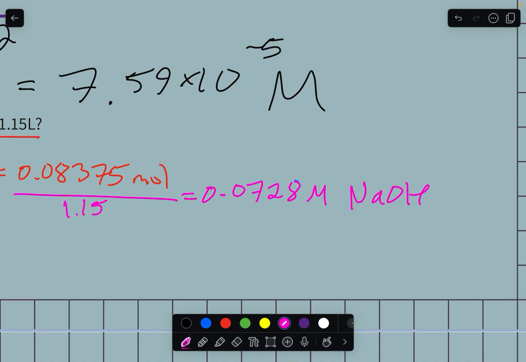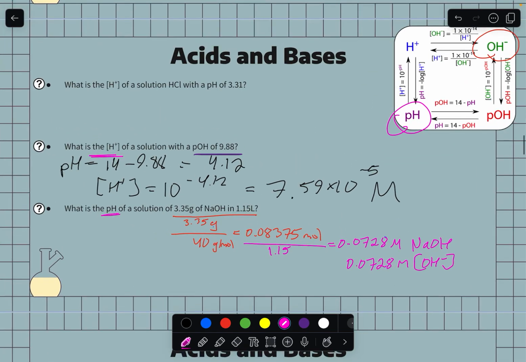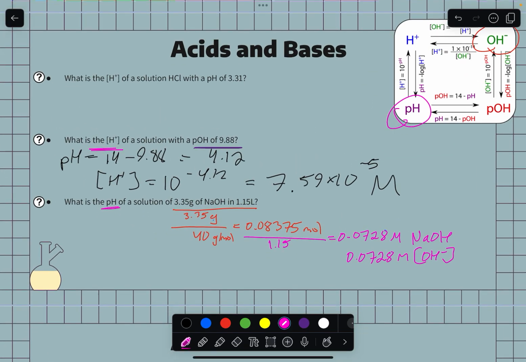But NaOH is a strong base, so it fully dissociates. So it's also the molarity of our OH minus and our Na plus, but we don't care about the Na plus. Okay, so we have our molarity. Now we need to get to pH. So from molarity, I'm going to go to pOH first. So my pOH is negative log of my molarity.